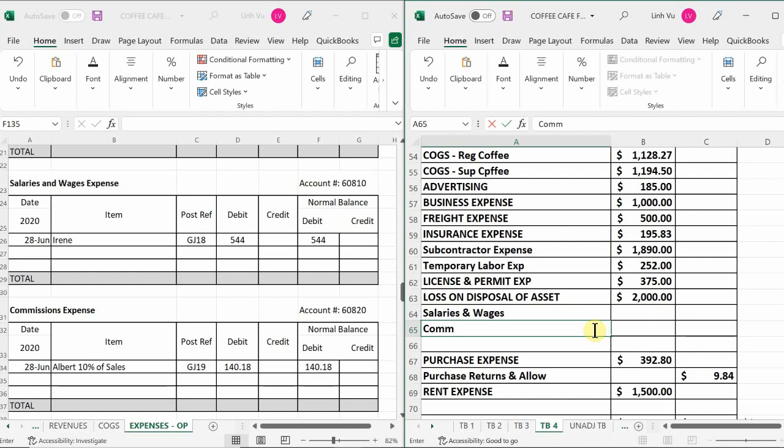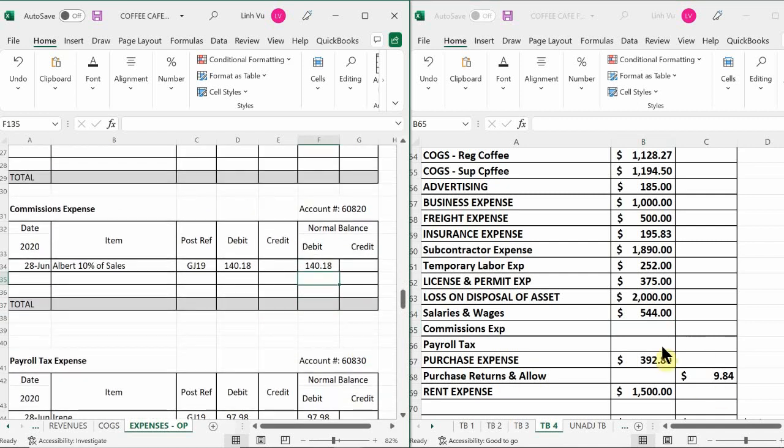We have commissions expense. And we have payroll tax. What's my current salaries and wages expense balance? 544.